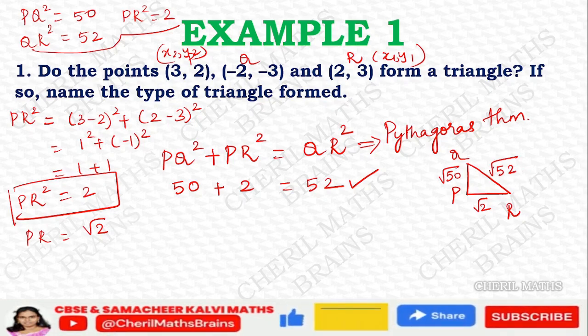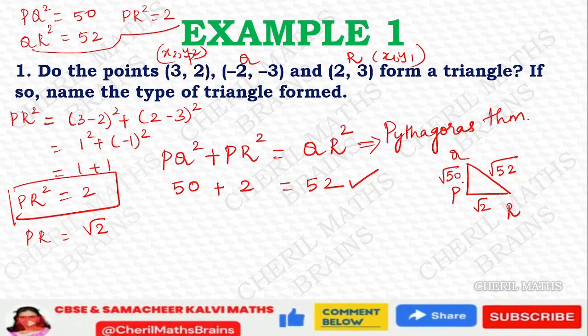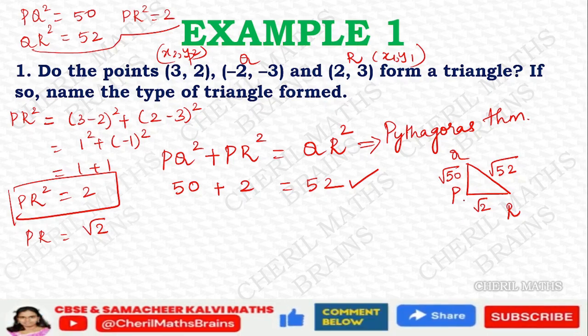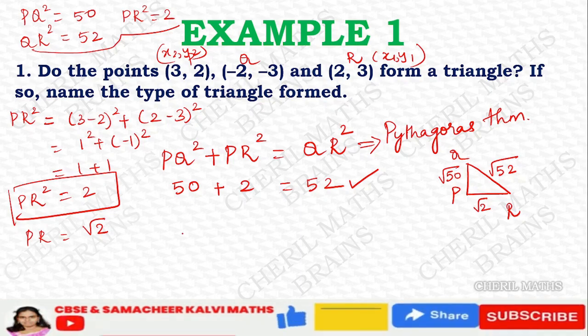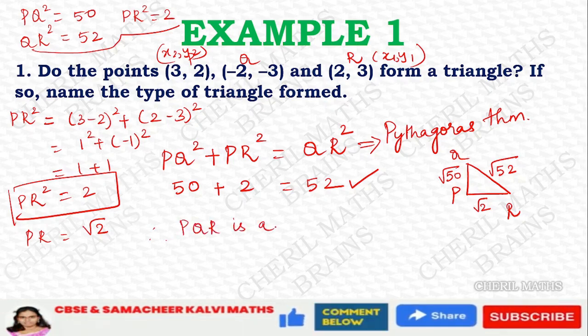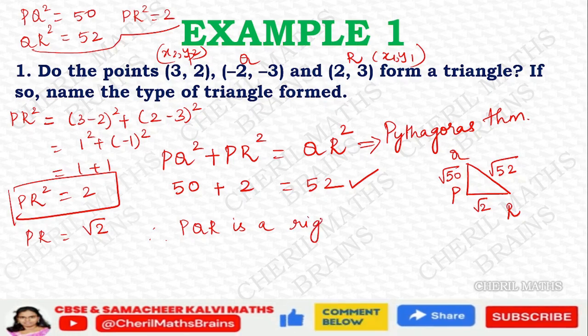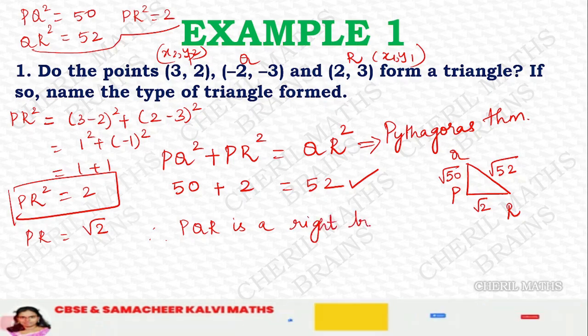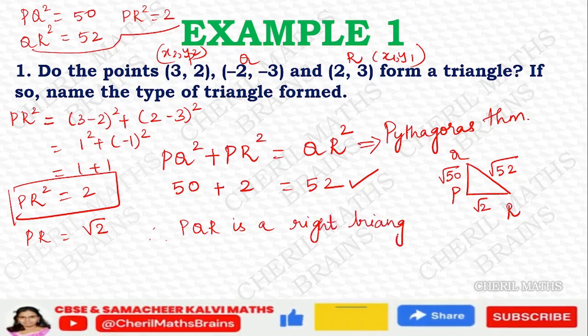You can even try this by finding the value of the roots separately and then checking it. So thus we have got the type of the triangle. Therefore we can say that the triangle PQR is a right triangle.